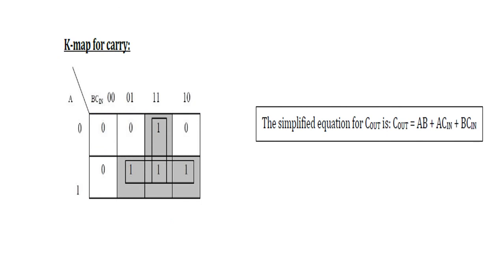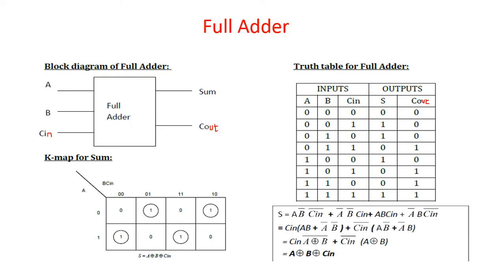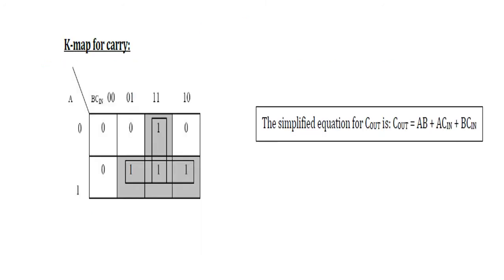The next one is for the carry out. Similarly here also A, B, C in are the inputs. 0, 0, 0 is the input, the carry is 0. So just fill this table into this Karnaugh map. The cell values are 0, 1, 3, 2, 4, 5, 6, 7.